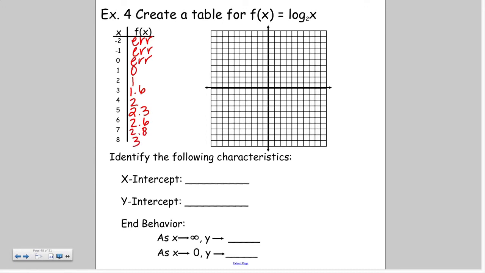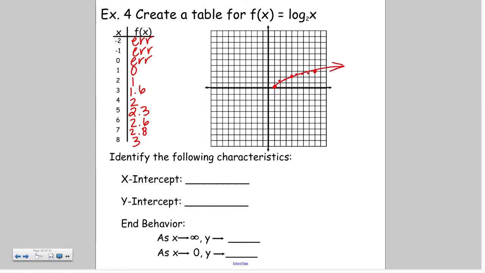And to graph them, I'm going to graph those nice pretty answers first and just kind of fill in. So I'm going to graph (1, 0), then I'll go to (4, 2), then I'll do (8, 3), and then I'll just kind of fill in between.